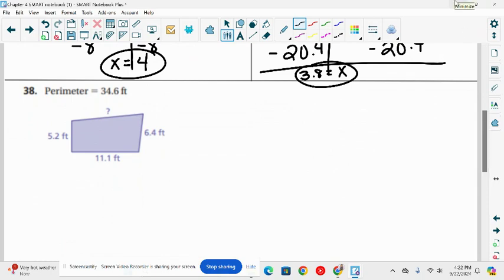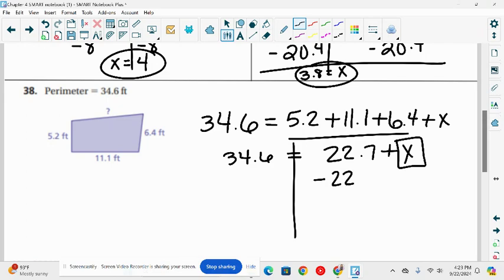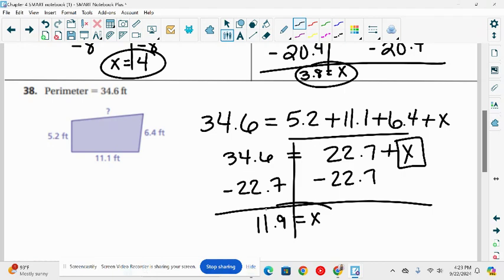So I want you to take a second, and I want you to try this one. So for my missing side length, I got 11 9/10 of a foot, and that's what you should get as well.